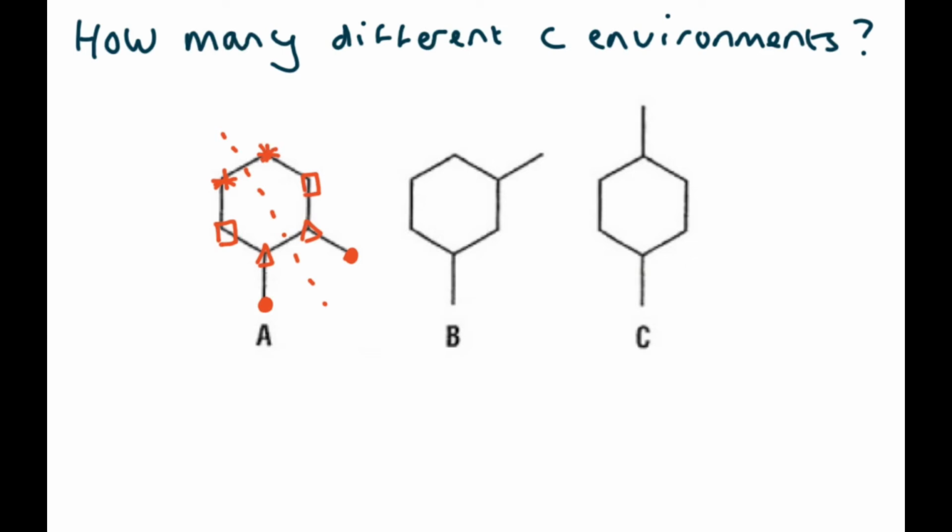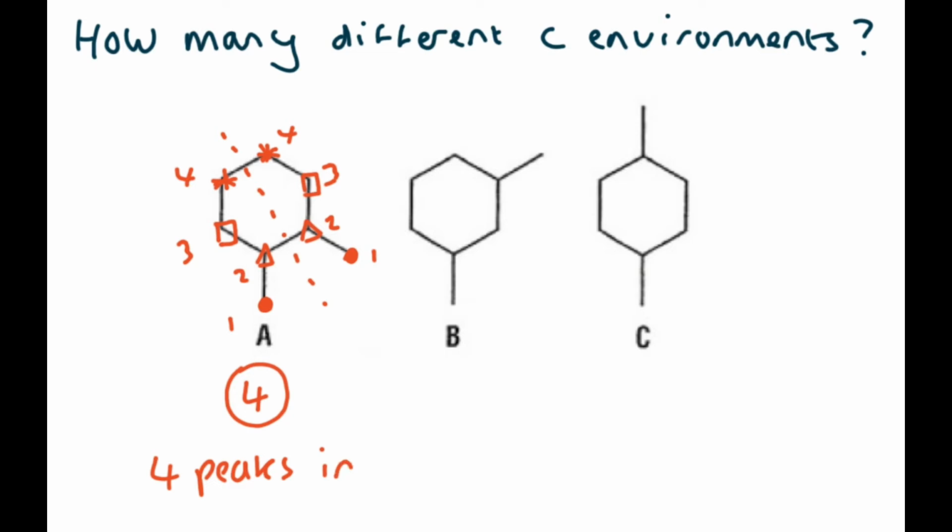So therefore there is 1 carbon environment, 2, 3, 4 carbon environments. So in the carbon NMR, this molecule will have 4 peaks.